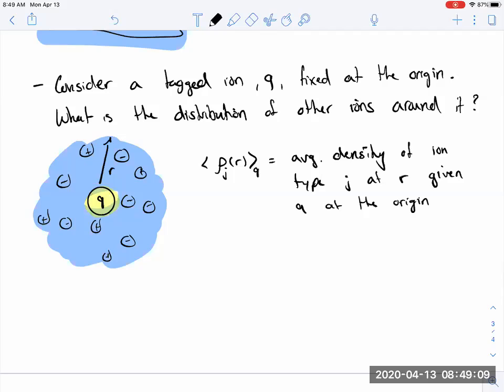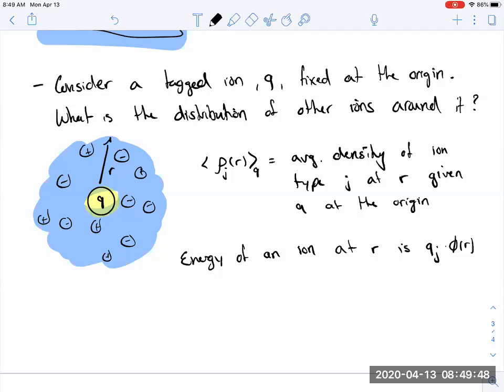Now, in some sense, we have the means already to answer that question by noting that the energy of an ion at R is just Qj times the potential at R. The electrostatic potential is a summary of the electrostatic environment due to all the other charges.